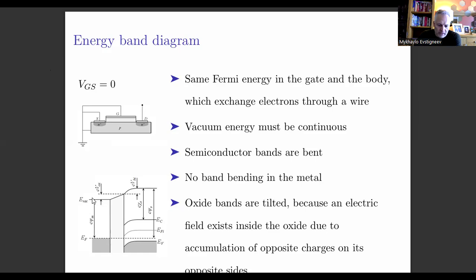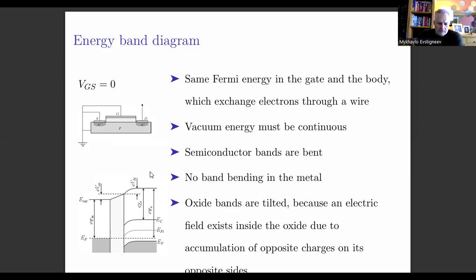So the vacuum energy must be a continuous curve. On the metal side, the charges practically do not redistribute themselves, because the concentration of charges in the metal is astronomically huge as compared to the semiconductor. So the metal dominates in terms of the leveling of the energies. The semiconductor must adjust itself to the metal, not the other way around, because the metal has so many more electrons.